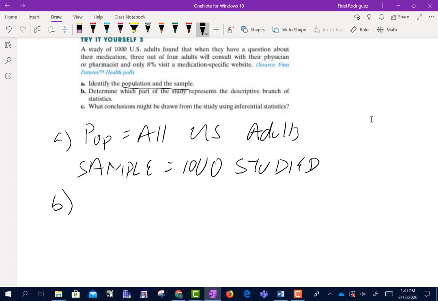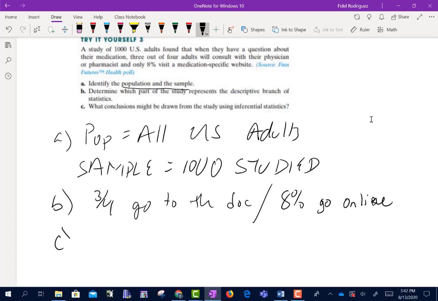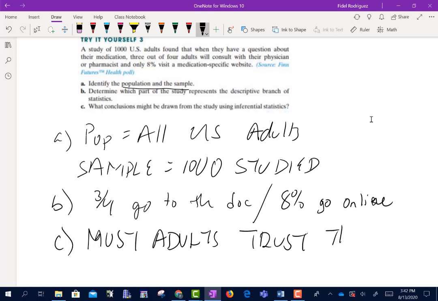Part B, the descriptive statistics. So 3/4 go to the doc, and 8% go online. And then what conclusions can we draw? Well, it seems like most people trust their doc.